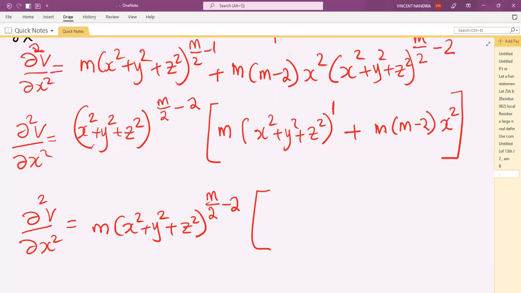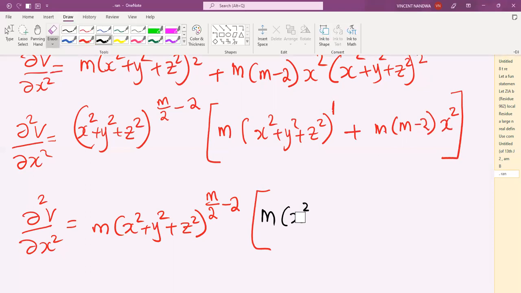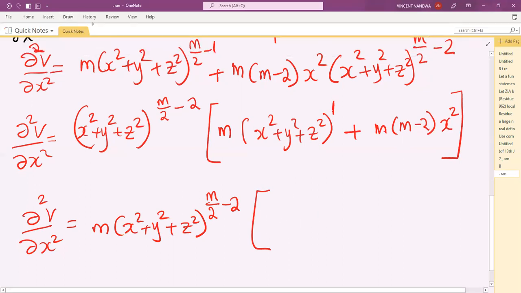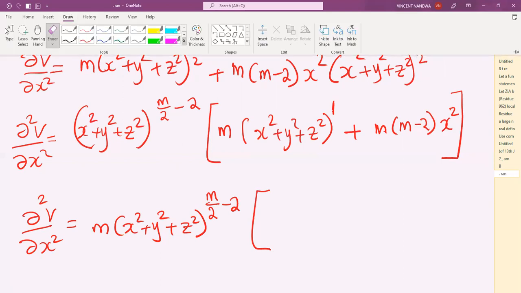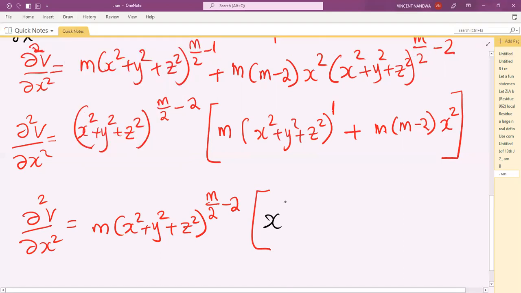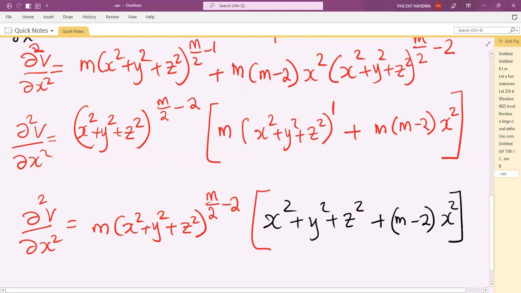So raising to power 1 is the same thing as just having x squared plus y squared plus z squared, okay, so factorization of m outside. Now m is not at this point, so just have x squared plus y squared plus z squared, and then plus, this will be m minus 2 times x squared. So this we call equation 1.